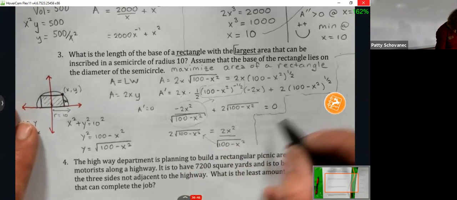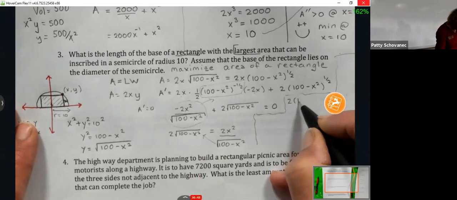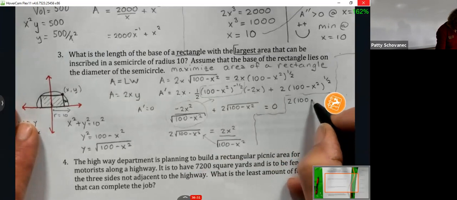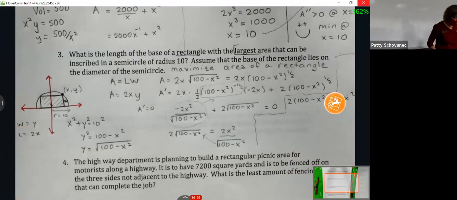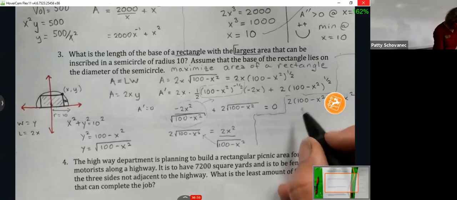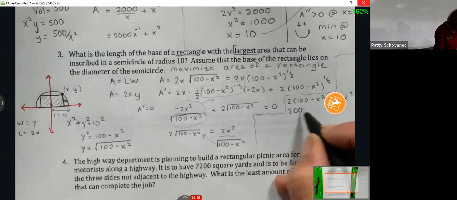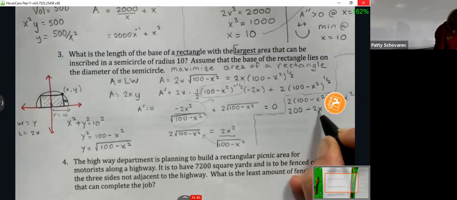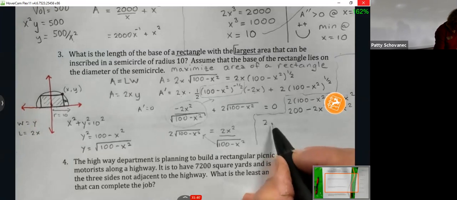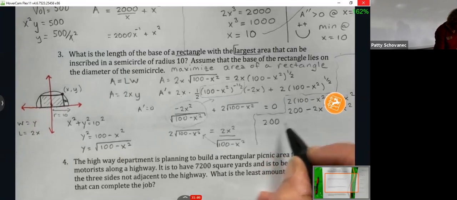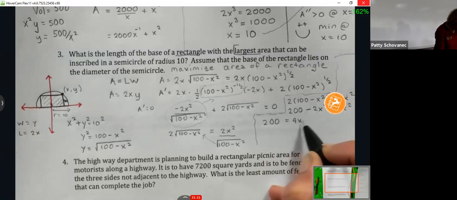And so I'm going to have 2 times 100 minus x squared is equal to 2x squared. Distribute the 2 to get 200 minus 2x squared is equal to 2x squared. Move the 2x squared to the other side to get 200 is equal to 4x squared.